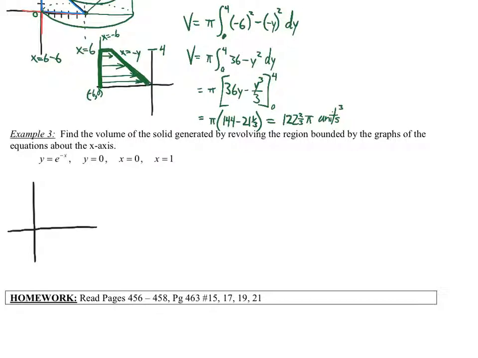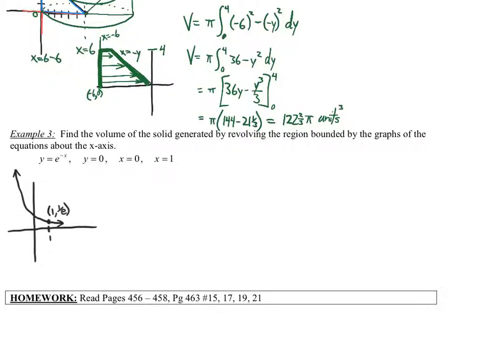It comes down and it hits at 0, 1. And we want to go from y equals 0, x equals 0, and x equals 1. So here's the point 1 over e.